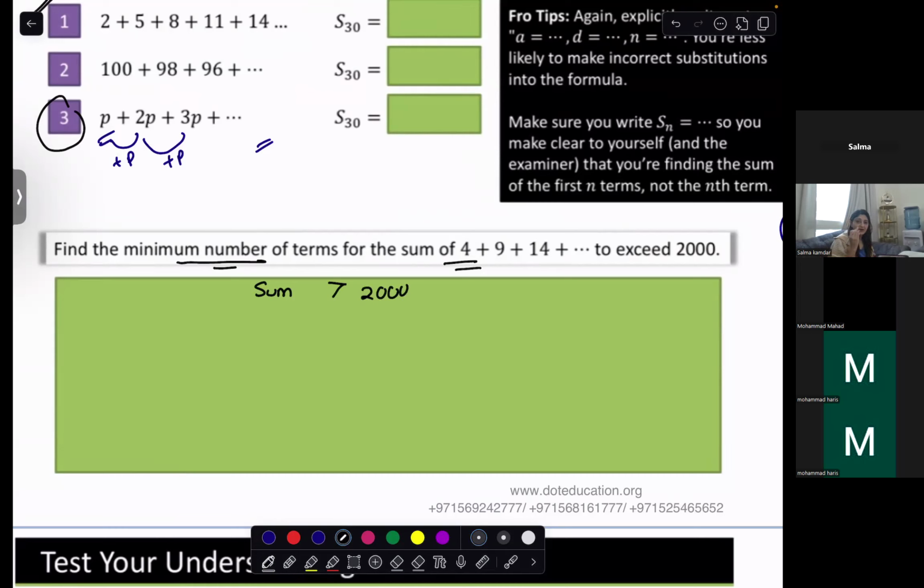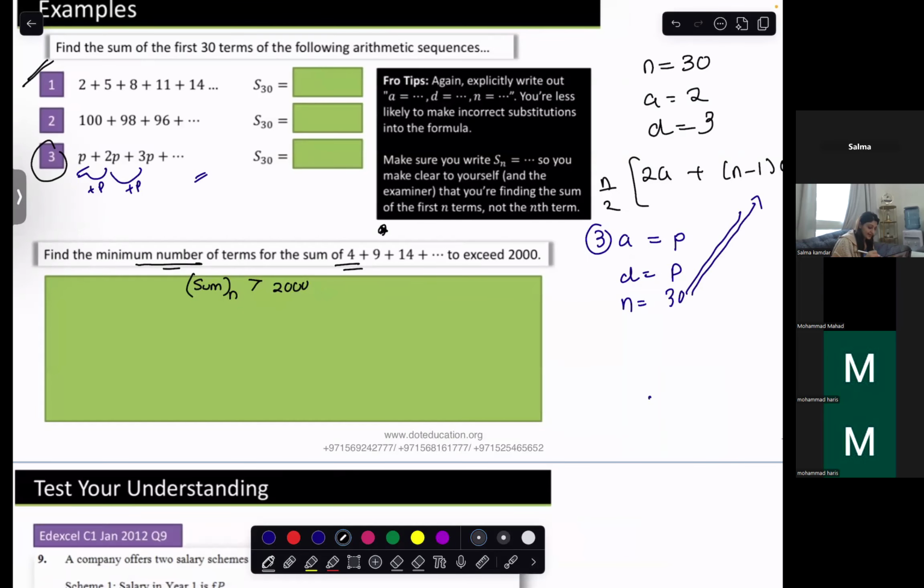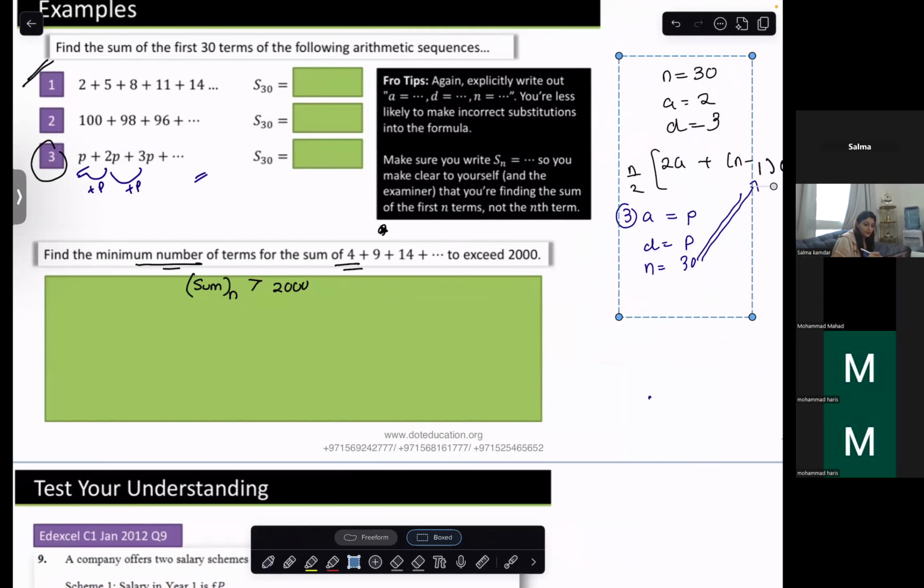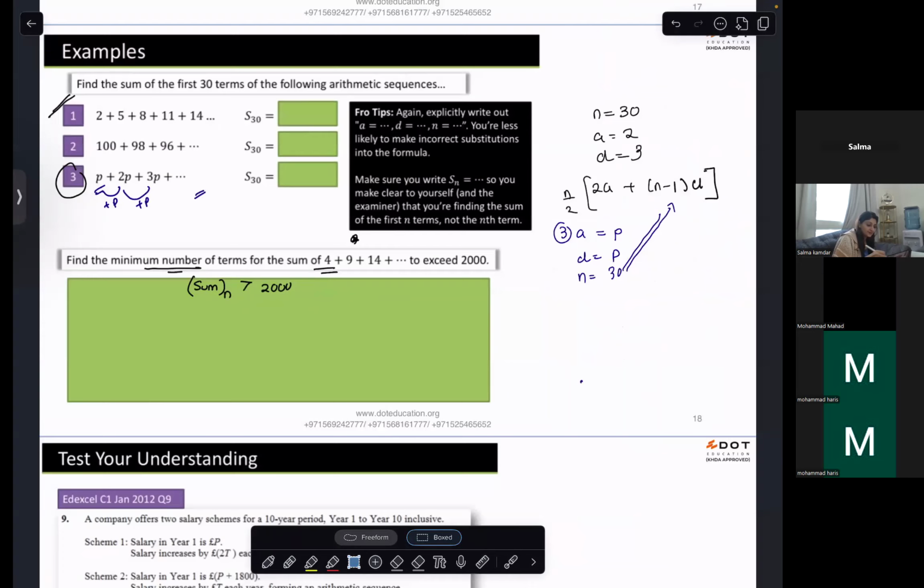This is how I'll write it: I want my S_n to be more than 2000. Now, what would be my second thinking point? I need to explicitly state my A, D, and then N.